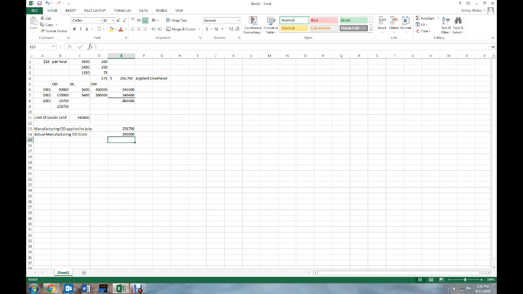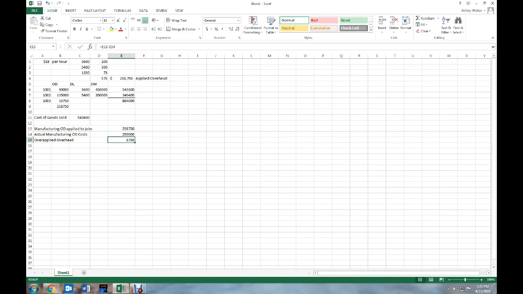So the difference between those two, now you have to decide if that's over applied or under applied. I applied $258,750. My actual costs were $250,000. So the difference has to be over applied overhead. So that $8,750 is over applied.